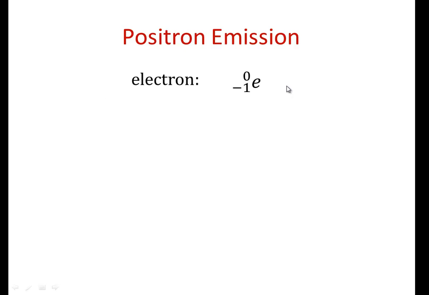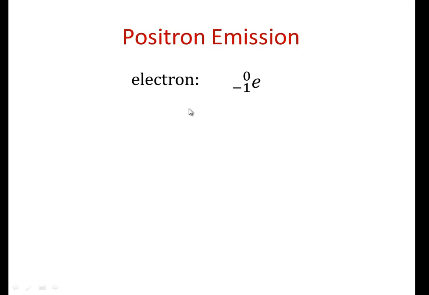A positron is the antimatter counterpart to the electron. I don't know if you've heard of this in your prior experience with reading or television shows or science fiction, but there's this thing called antimatter. And antimatter is exactly like matter, except some of the quantum numbers are the opposite of what they are for regular matter.